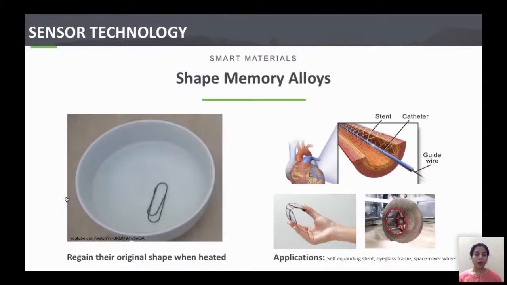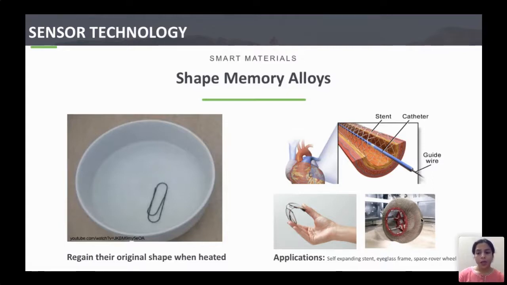Okay, so its applications are in the biomedical field. These self-expanding stents are extensively used these days for surgery purposes. Then there are eyeglass flexible frames, and this is the space rover wheel. The rover which was used for the Columbia mission, I forgot the name of that.